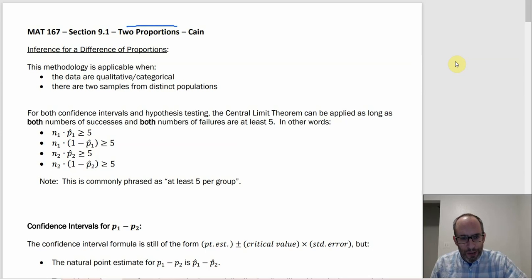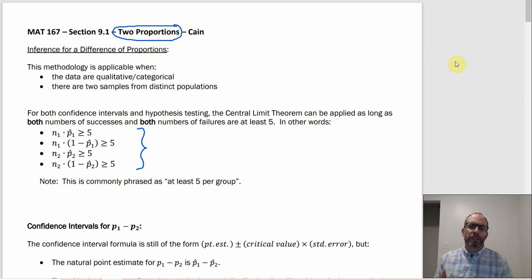But now we're going to have two proportions, where it's going to be essentially comparing two different but somehow related groups. And this would make sense just like for a single proportion when you have categorical data. And the check to make sure you have big enough sample sizes, since you'd have two of them, it's right here, where it's the same concept that we had before, it just happens twice.